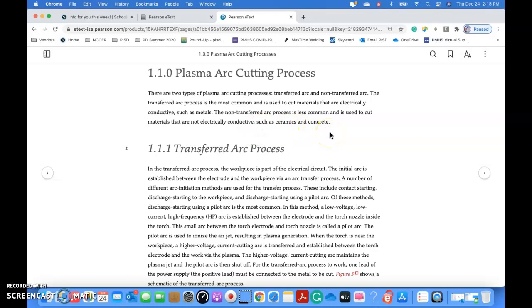So, if I asked you a question and said, do we use transferred arc or non-transferred arc in metal cutting, the correct answer would be transferred arc. We know that because the non-transferred arc is for non-electrically conductive materials such as ceramics and concrete. We don't fool with that. So we're into transferred arc.